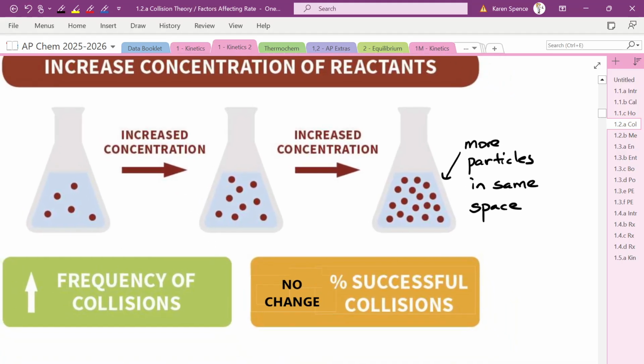That makes it so there's more reactions, more collisions. And to be more specific about that, we will say an increase in the frequency of collisions, because then you don't have to say more collisions in a given period of time. Because that becomes wordy. And you can just say that by saying we increase the frequency of the collisions.